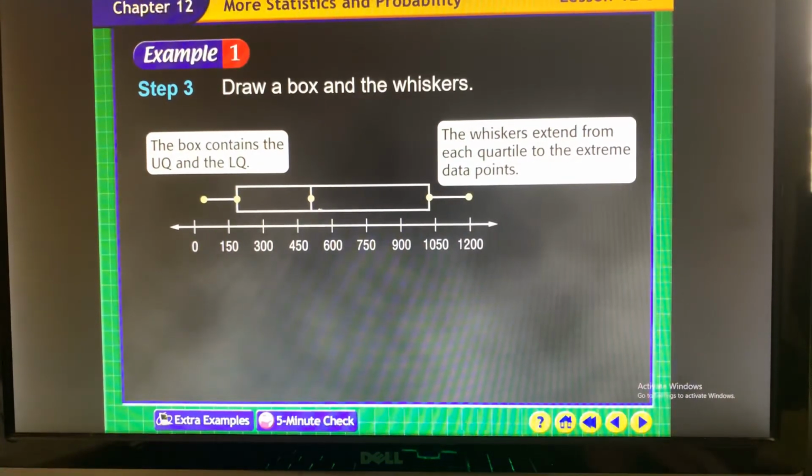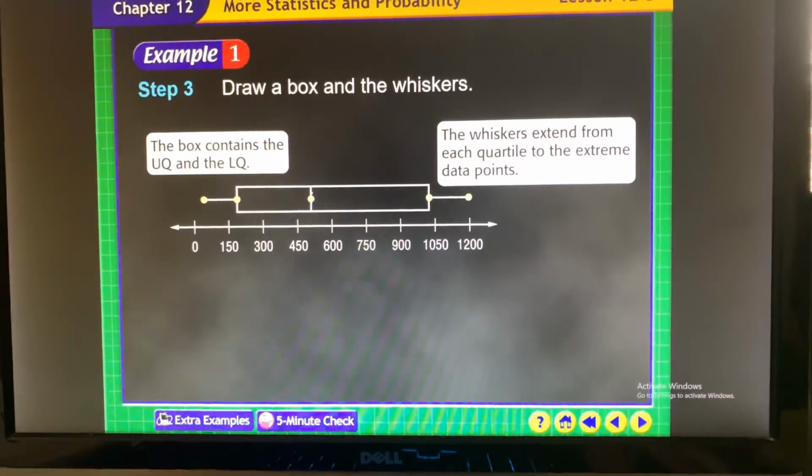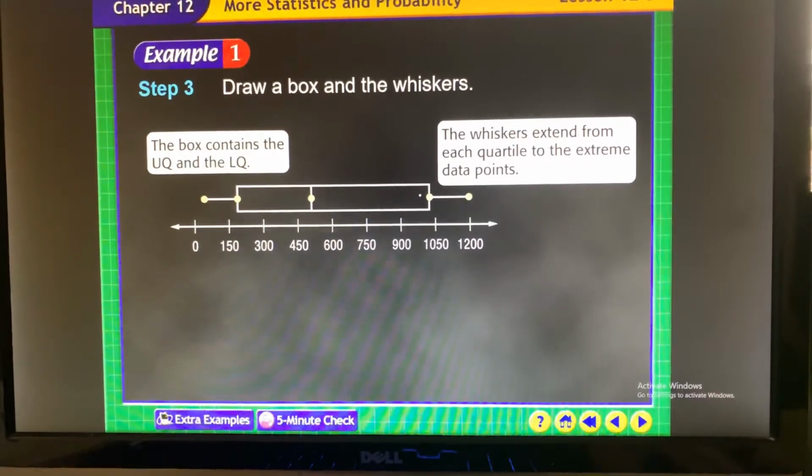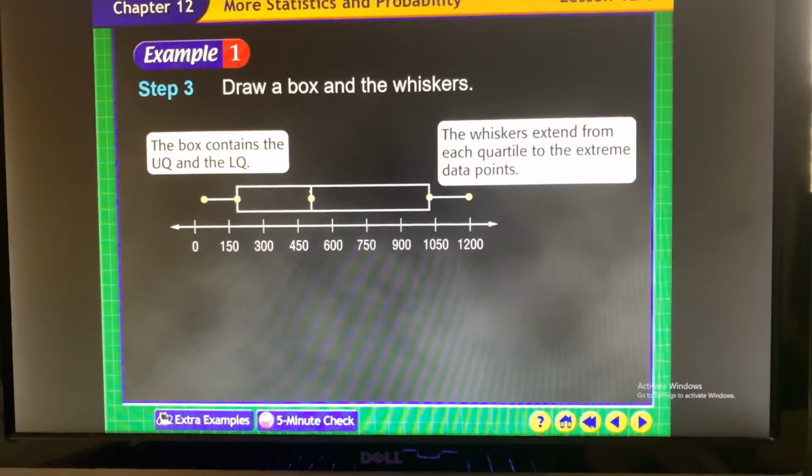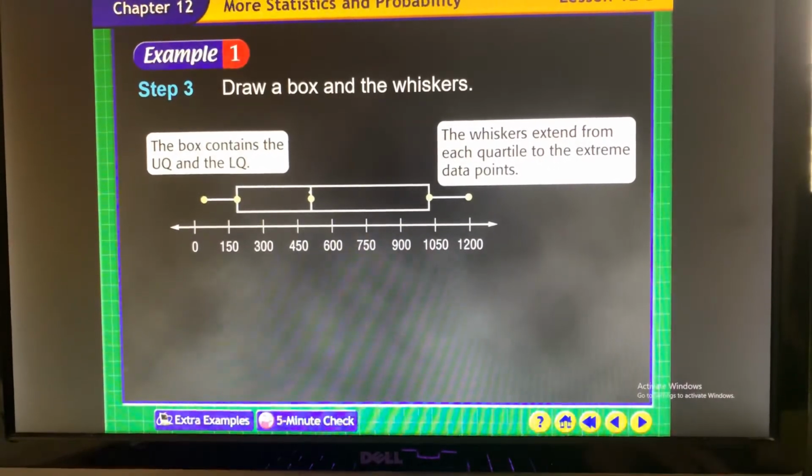Notice the median doesn't fall directly in the center of the box. That means most of your data is higher. The middle number is not the middle of numbers incrementing 1, 2, 3, 4, 5, 6, 7. It's numbers that are all over the place, if you remember the data we were looking at. So your median isn't necessarily going to be in the center of your box.